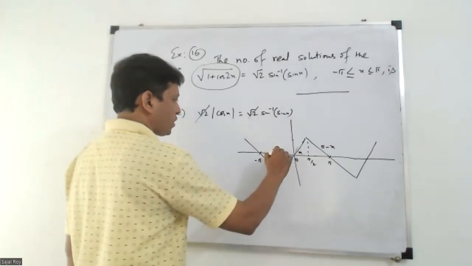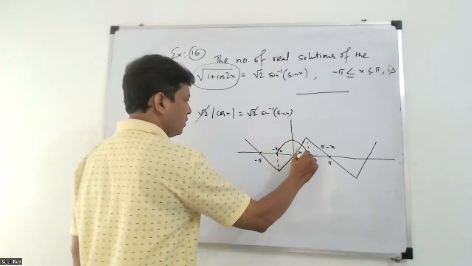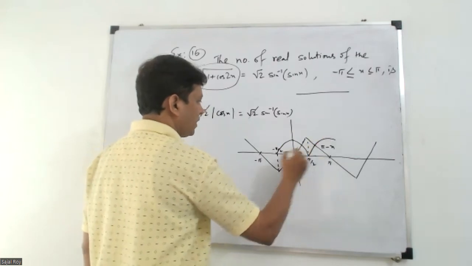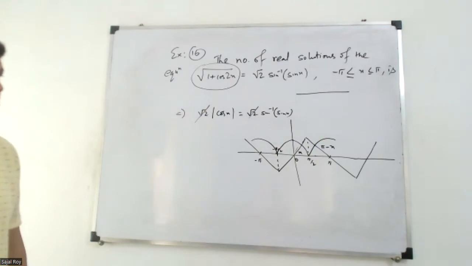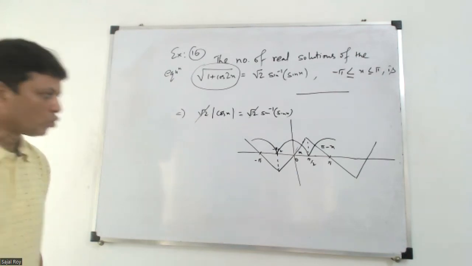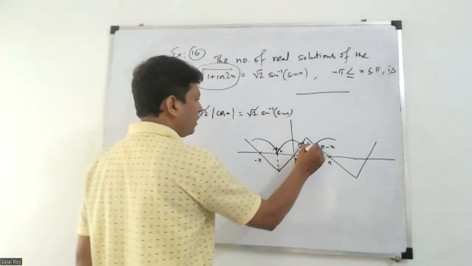So what about your cos x? Right? Mod cos x will be like this. So how many intersection with the graphs you have in the range minus pi to pi? How many intersection points? 2, 1, 2.